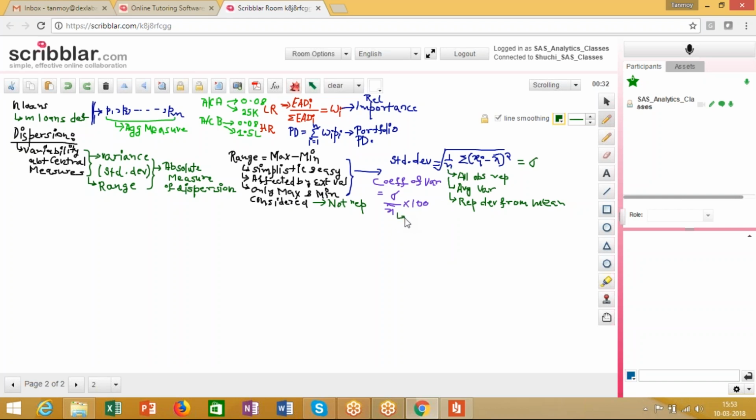So it tries to assess dispersion relative to the mean, right?